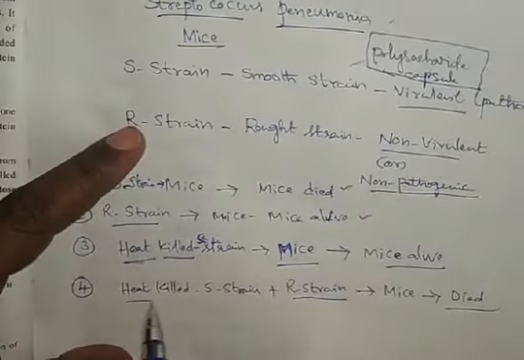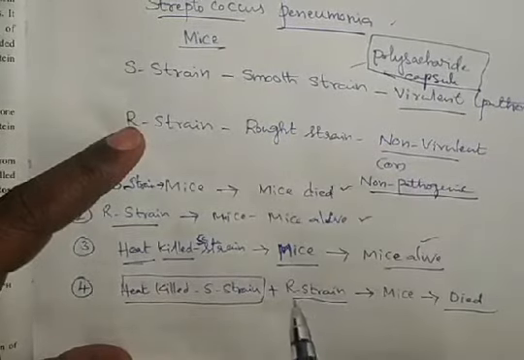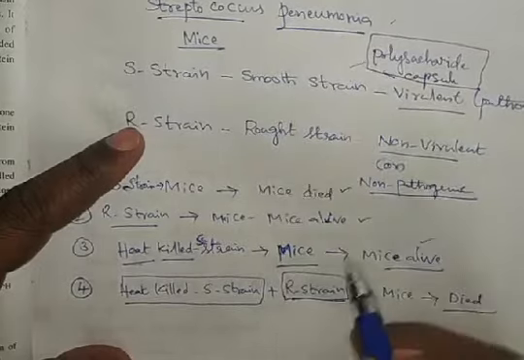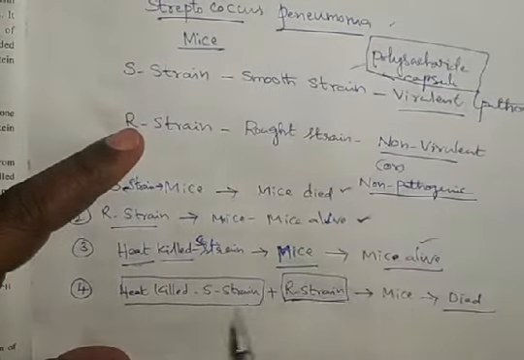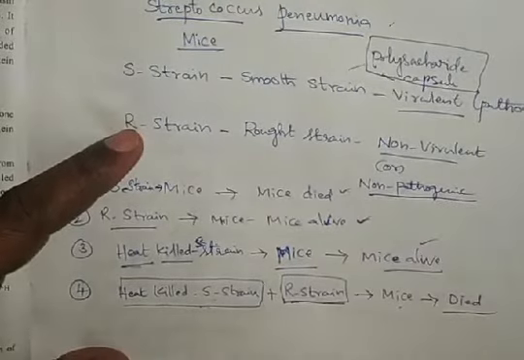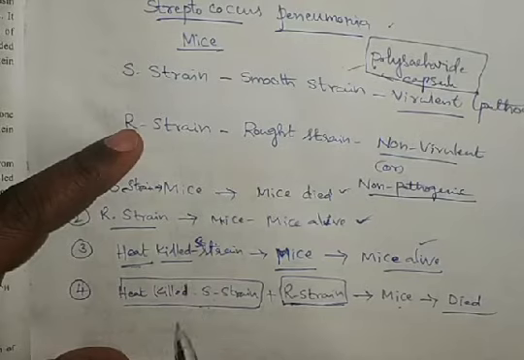When we injected the S strain separately, the mice are alive. When we injected the R strain separately, the mice are also alive. But when the mixture of these two is injected, the mice died, because of the genetic material present in the S strain.